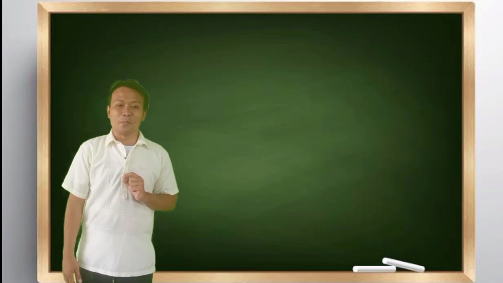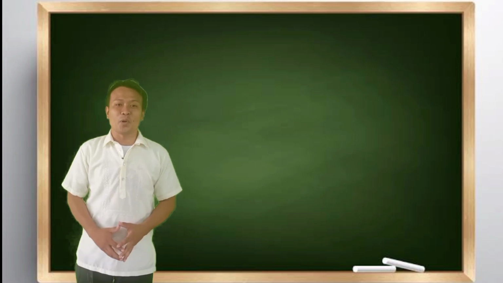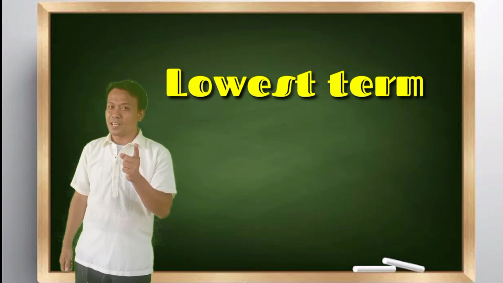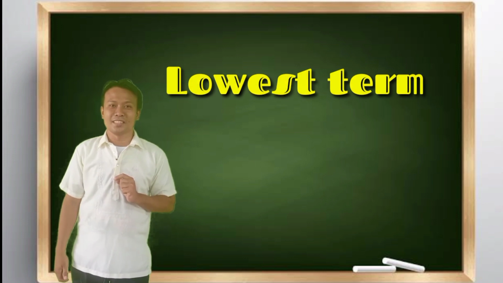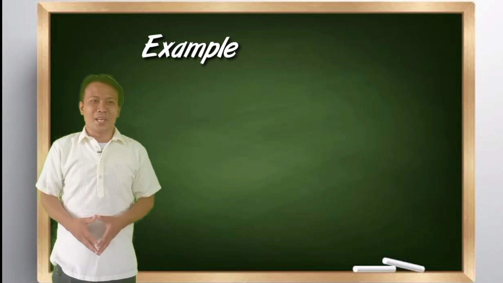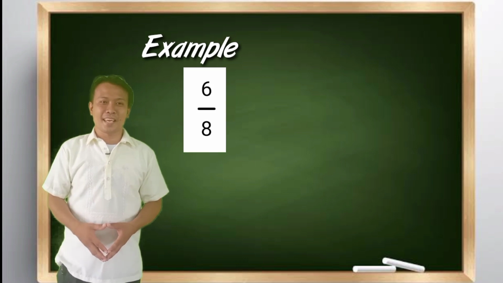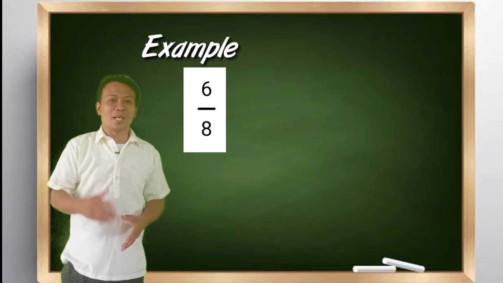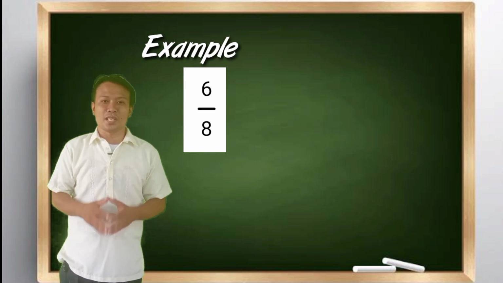One important thing to remember in solving fraction is to reduce or express your answers in lowest term, if necessary. Let me give you an example. 6/8. To reduce this into lowest term, you have to identify the factors of 6.